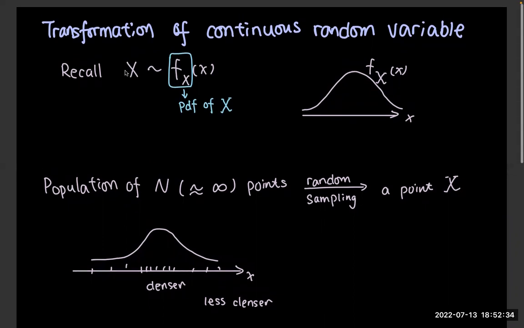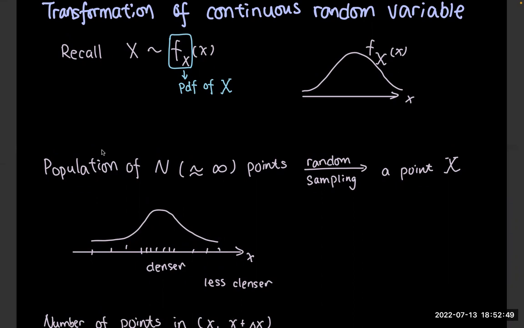So we sample the random variable from this density function, and we can draw a density function as a function of this small x. But what's the intuitive meaning of that? You can consider a density as describing a very big population of n points. For example, n is almost infinite. And these n points can be described by a density function.